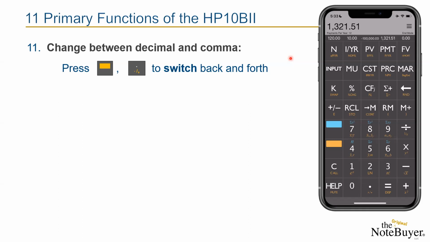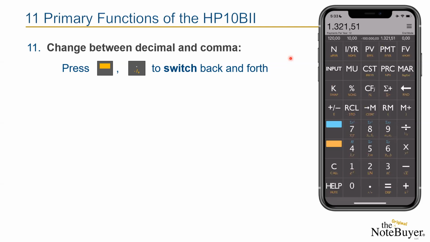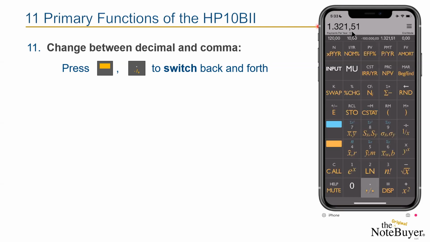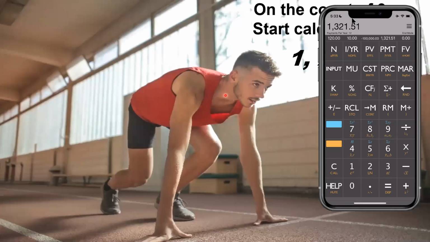To change it back is very, very simple. Just hit the shift key and then down there at the bottom, the comma decimal point. So see how it changed this up here to the comma. But I like it the other way. So we're back now to the decimal point. And you can go back and forth on it.